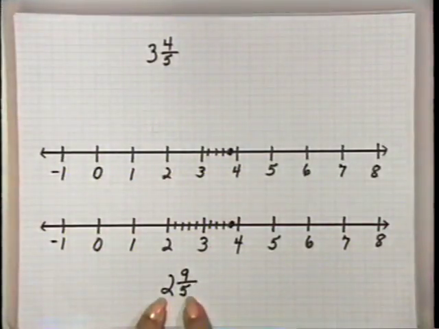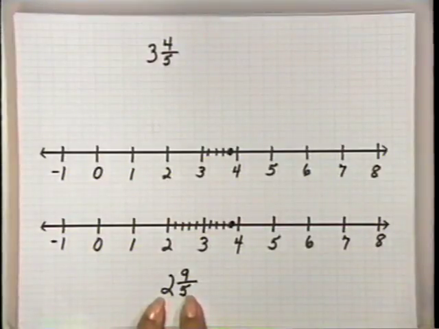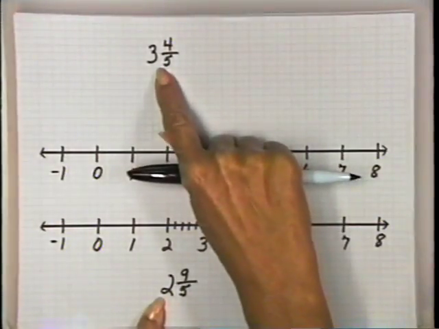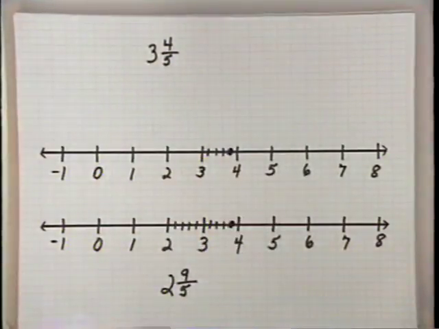Notice this fraction 9/5. 9/5 is improper. We do not want to leave our answers as mixed numbers that are made up of whole numbers and improper fractions. So when we have an answer that is made up of a whole number and an improper fraction, we will need to convert it to its equivalent number that is a whole number and a proper fraction.